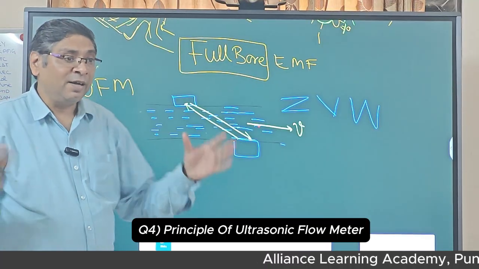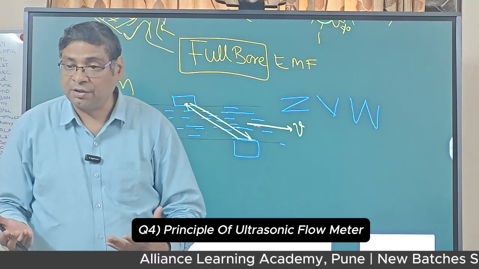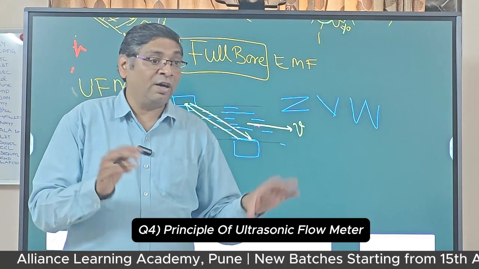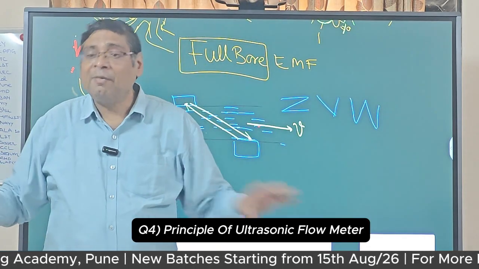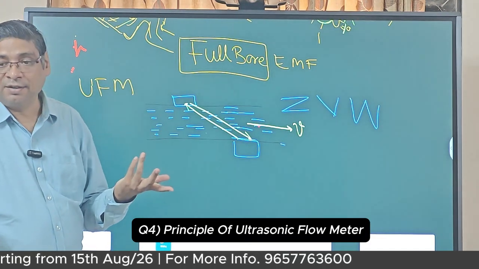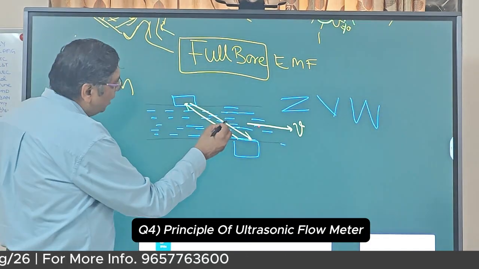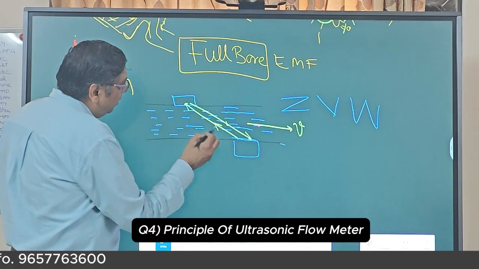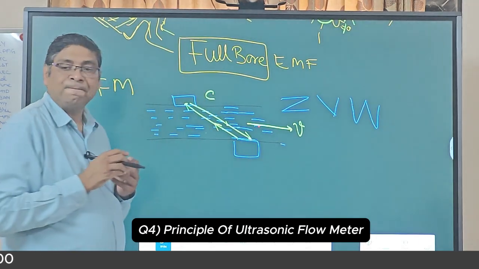If it is iron, it's constant. Air, it's constant. Water, it's constant. It may be different, but it is constant. So let's say in water it is C.